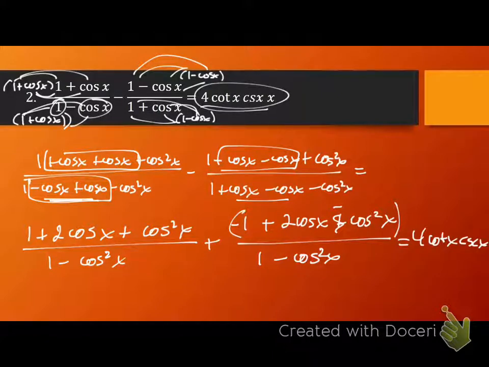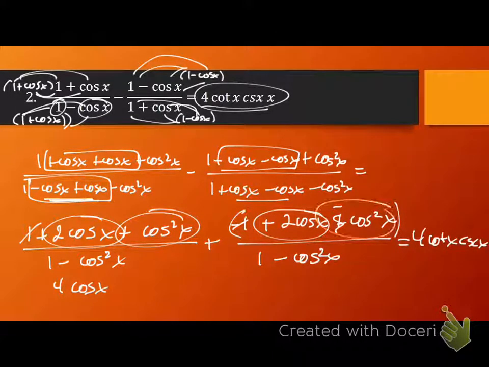And if we do that, we get 1 plus negative 1, which is 0. We get 2 cosine plus 2 cosine, which is 4 cosine. And then we get positive cosine squared, negative cosine squared, which is 0. And that's all going to be 1 over 1 minus cosine squared x.